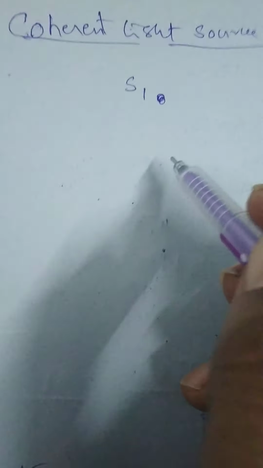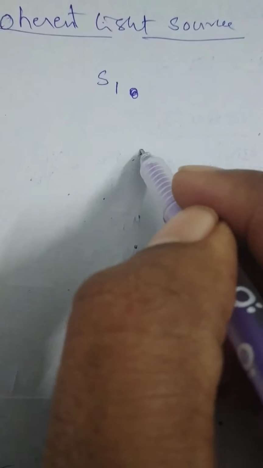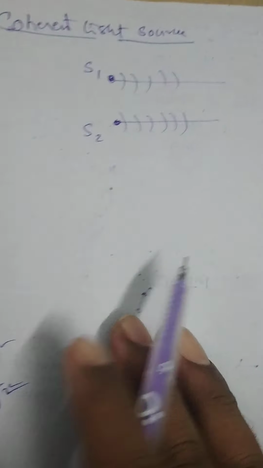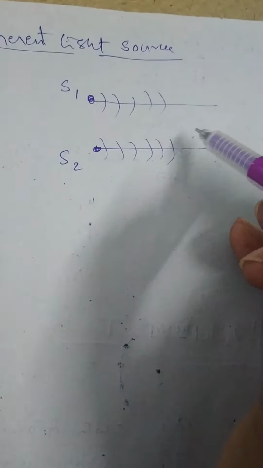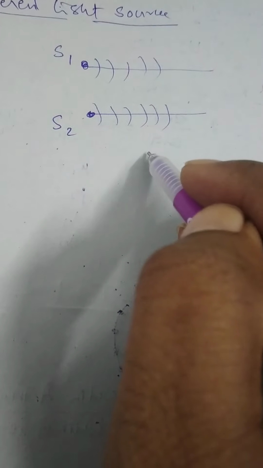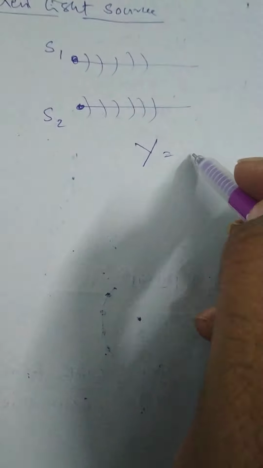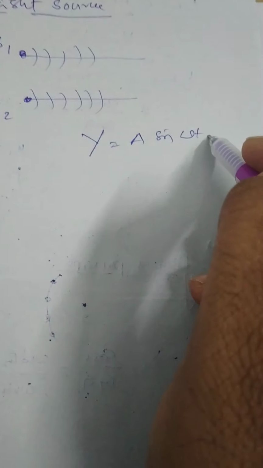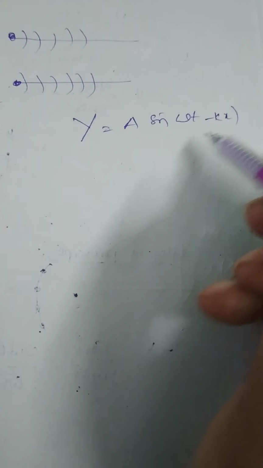For example, take any two light sources, suppose this is S1. S1 is a point light source, S2 is also a point light source. This light source emits waves in the forward direction, and the other will also emit light waves in the forward direction. Now the displacement equation of any wave can be represented as y is equal to a sin(omega t minus kx).